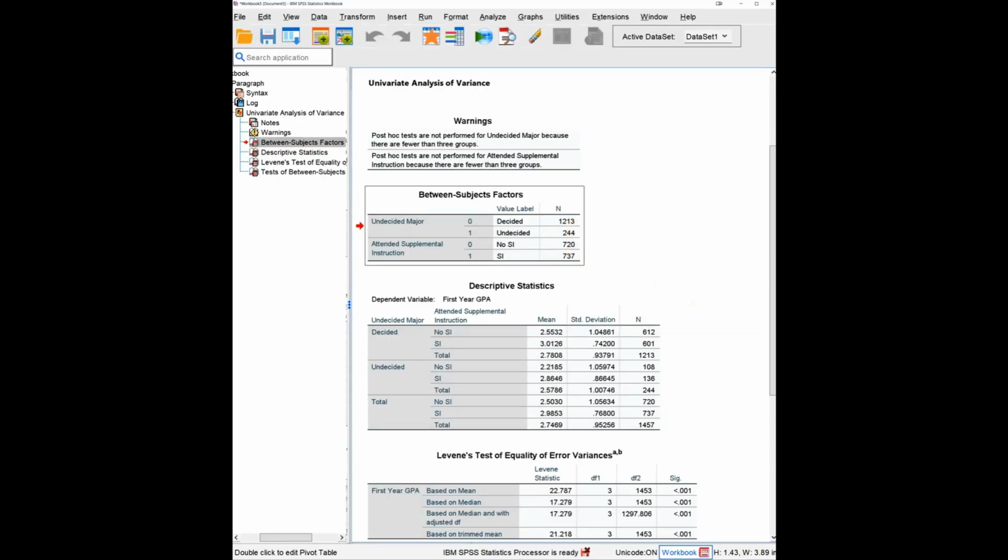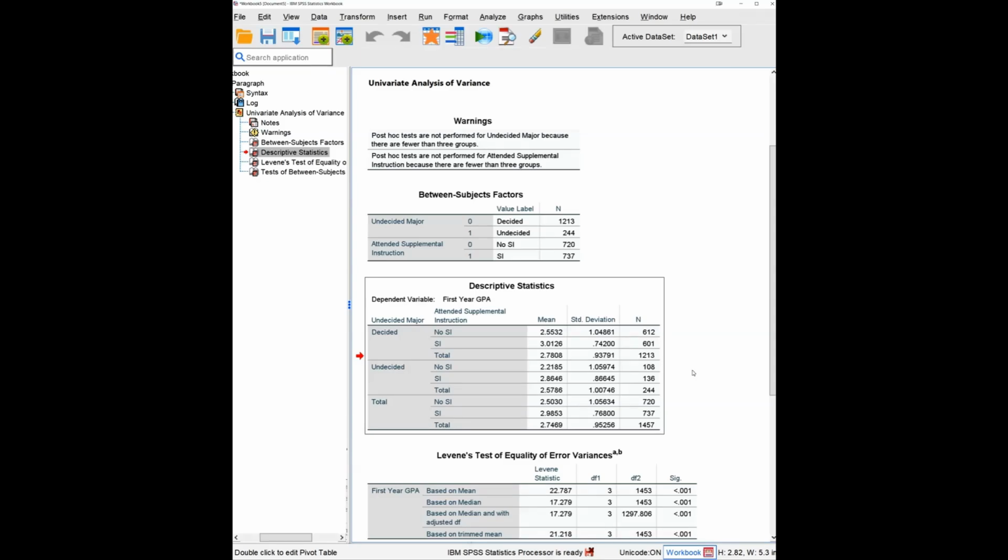Then we have a set of descriptive statistics for each group, conditioned on the other group. So we see among those with the chosen major, those not using supplemental instruction have a mean GPA of 2.56. Yet among those with a chosen major who are using supplemental instruction, we see a mean GPA of 3.01. Clearly this is different, almost a half point higher, which if I were a college student I would much rather have a 3.0 over a 2.6.